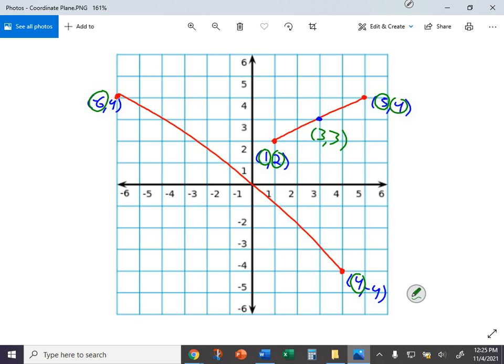Drake? -1. How'd you come up with that? Between 6 and 4 is 1, and because -6 is negative, okay, so -1 you're getting for our x value there.